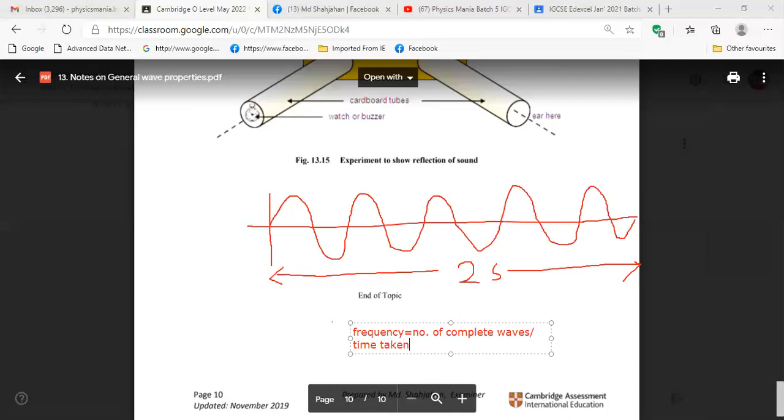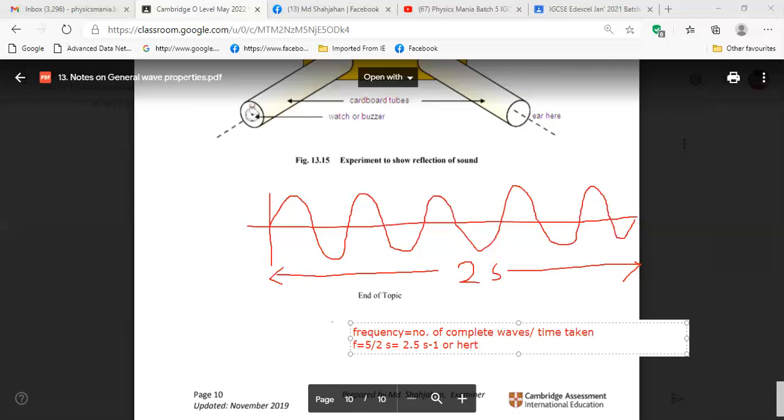For our question, frequency equals number of complete waves, how many? 5, divided by 2 seconds. Then we get our answer. What is the answer? 2.5, right? You can say per second, or we can say hertz.